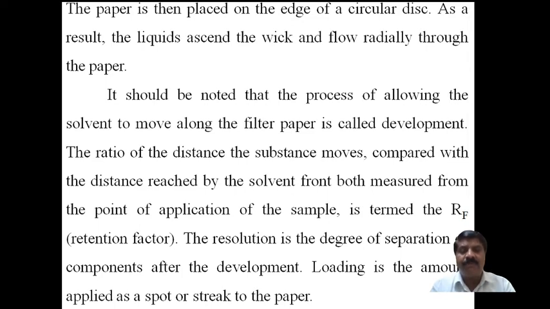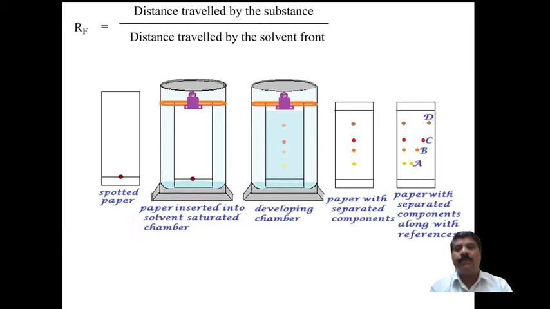The resolution is the degree of separation of the components after the development. The loading is the amount applied as a spot or streak to the paper. Therefore, RF is calculated as the distance traveled by the substance divided by the distance traveled by the solvent front.